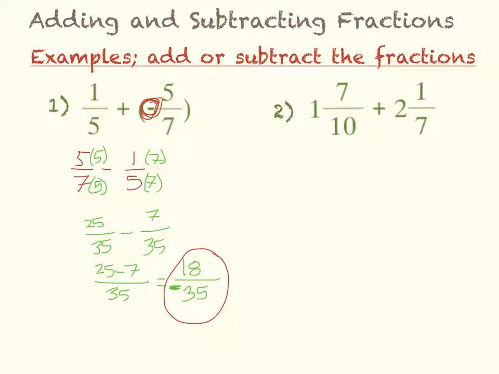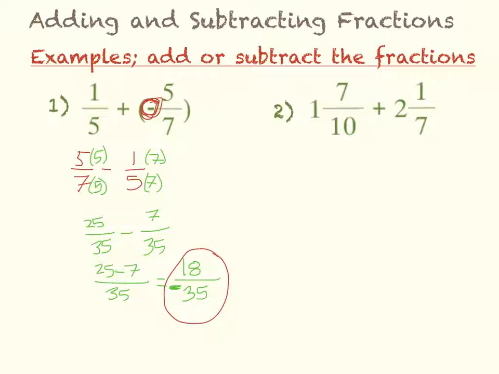Next one, we have 1 7/10 plus 2 1/7. Well, this one we can go about two ways. We can change them both to improper fractions, or we can just add the whole numbers and then add the fractions, and then just make sure that we have them both in mixed numbers or both in improper fractions.